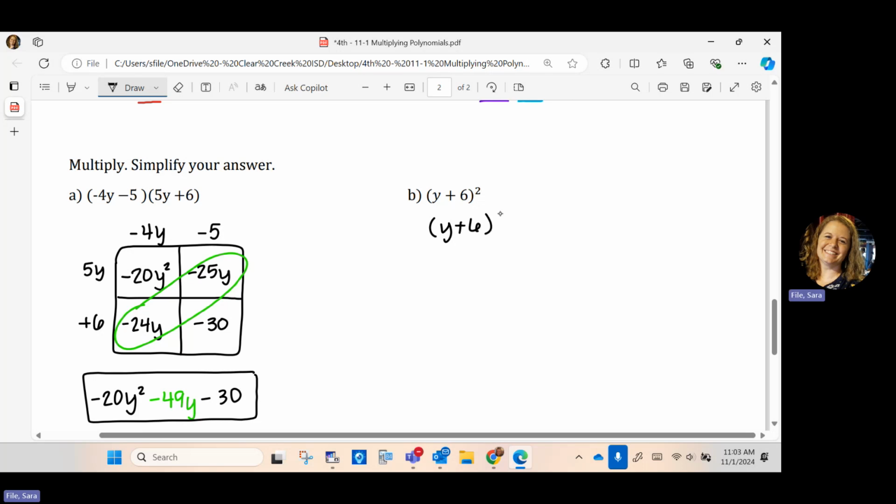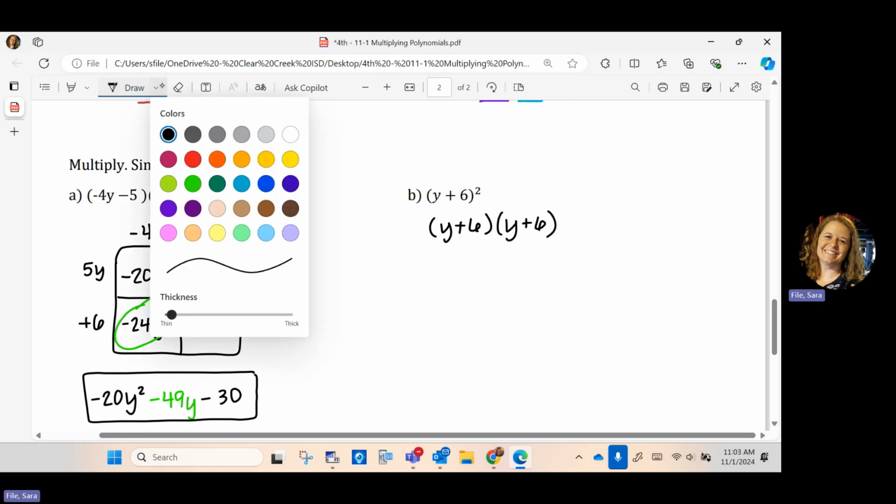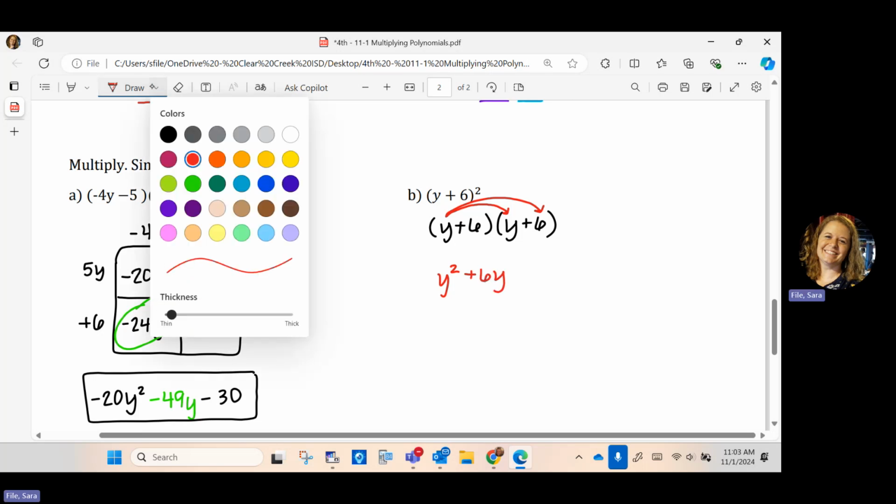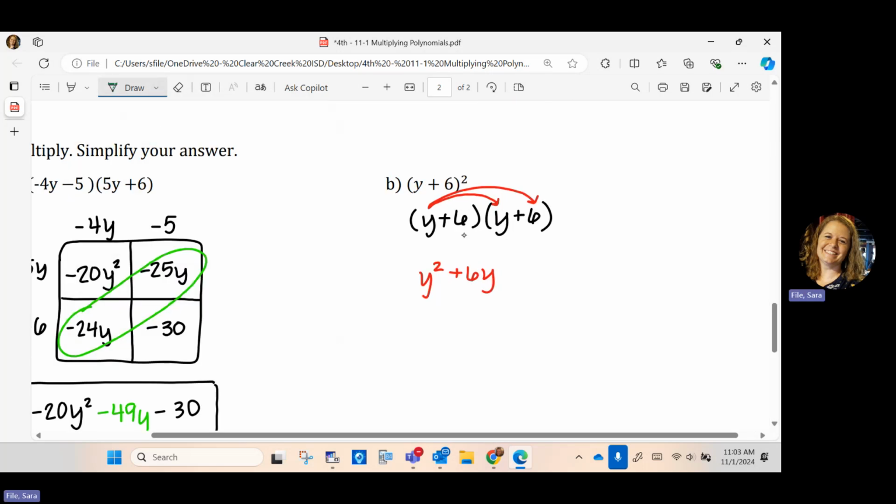Remember, squaring something means you're multiplying it by itself. So y plus 6 times y plus 6. Instead of putting this in a box, I can take the first term and distribute it to the second set of parentheses. So y times y is y squared. y times 6 is 6y. And then take the next term and distribute it.